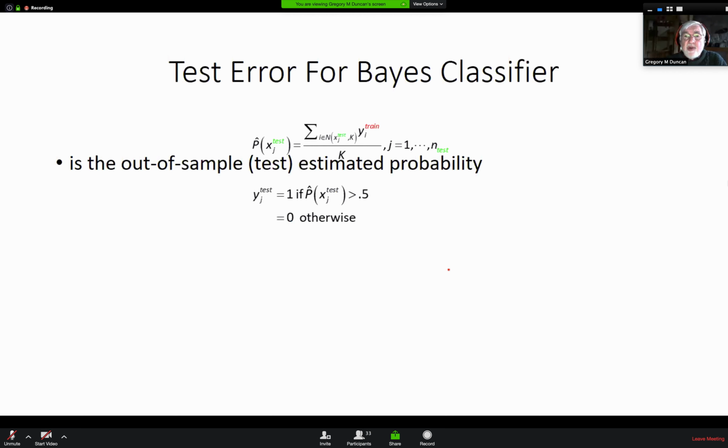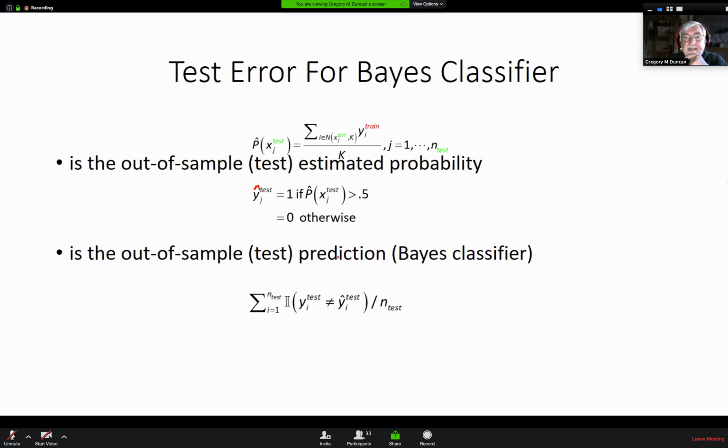Okay. And now what I'm going to do is I'm going to say Y hat test equals 1 if p hat of X test is greater than 0.5, where p hat of X test comes from this, where I am using the training data to estimate the model, but then predicting out of sample, okay?